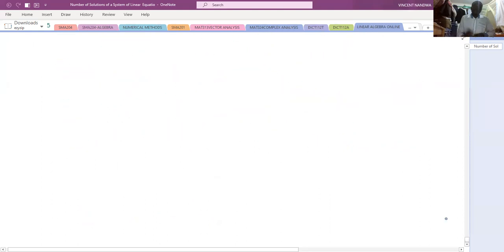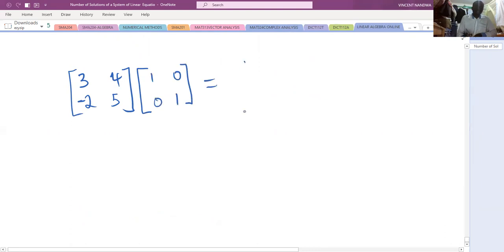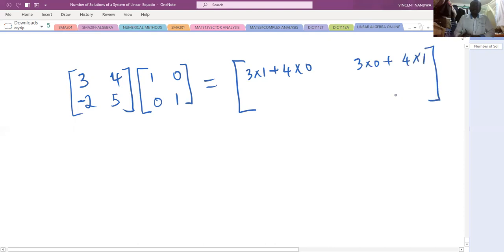And then if I have the matrix 3, 4, and -2, 5, and I multiply by another matrix 1, 0, 0, 1, then I get 3 by 1 plus 4 by 0, and then 3 by 0 plus 4 by 1, and then -2 by 1 plus 5 by 0, and -2 by 0 plus 5 by 1.